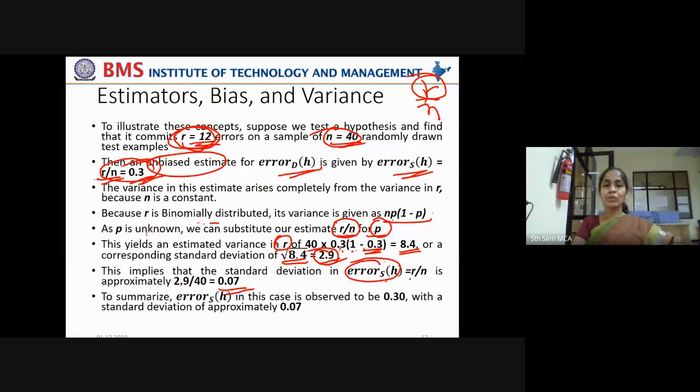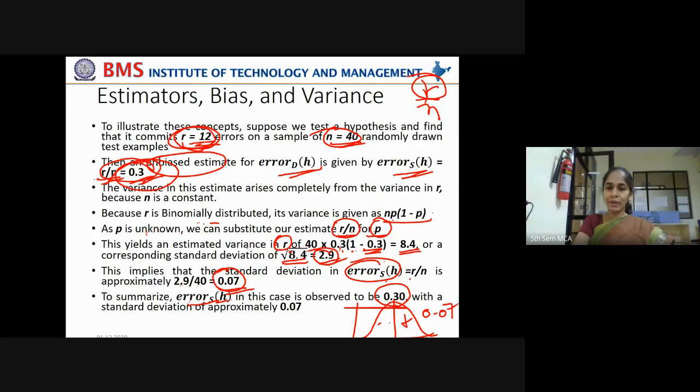Now to summarize, finally, your sample error in this case is observed to be 0.30, with a standard deviation of approximately 0.07, meaning plus 0.07 or minus 0.07. Okay, your mean, the sample error, lies here, which is 0.30 plus or minus the standard deviation 0.07.